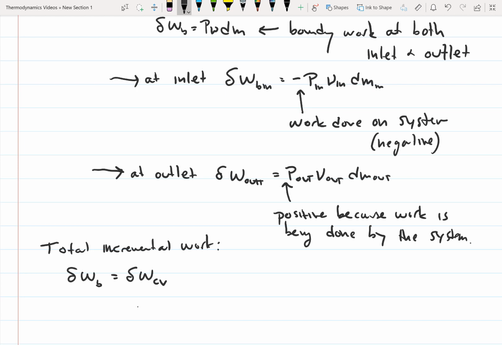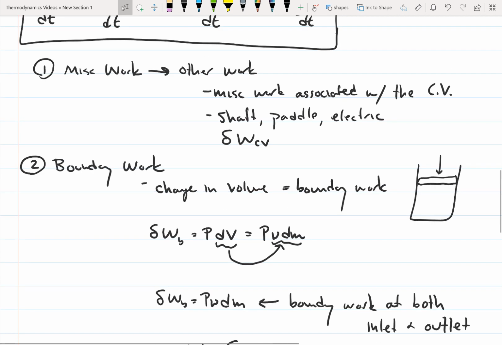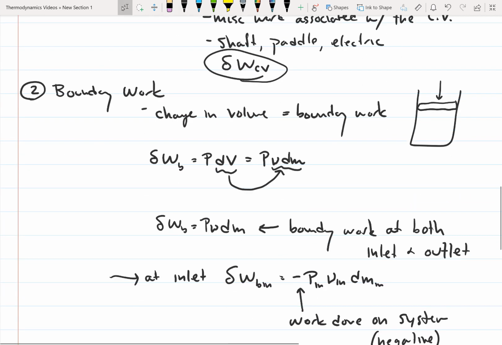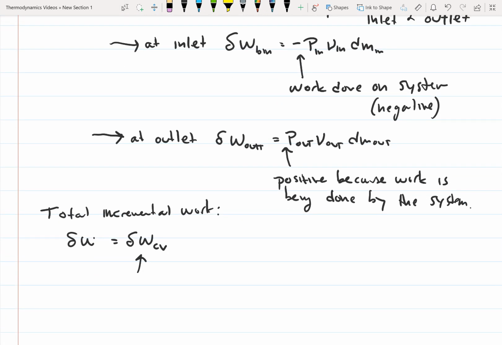this is the miscellaneous or other work. So if we go back up to here, we had this as the miscellaneous work or other work. So this is just the work is equal to the miscellaneous work or other work plus the boundary work out minus the boundary work in.